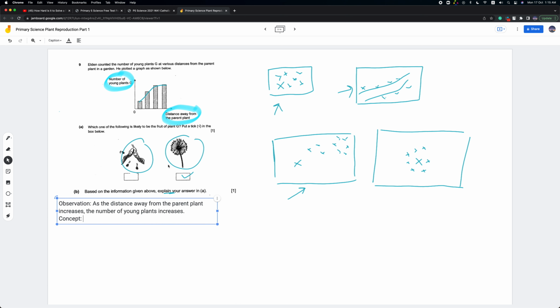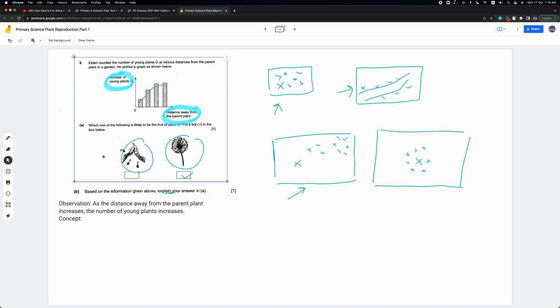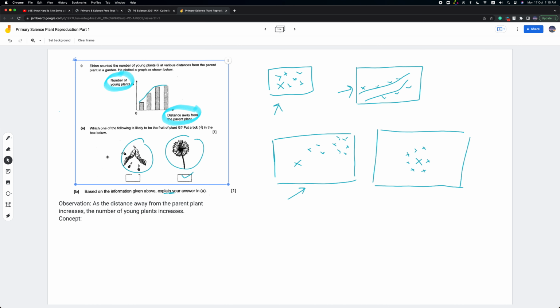They did not say, oh, this is fruit or seed A and this is seed B. So this question is a bit tricky. What we're going to write down is, we need to do a comparison.